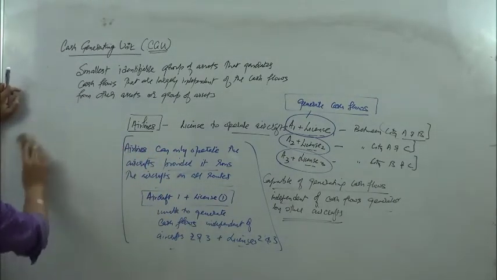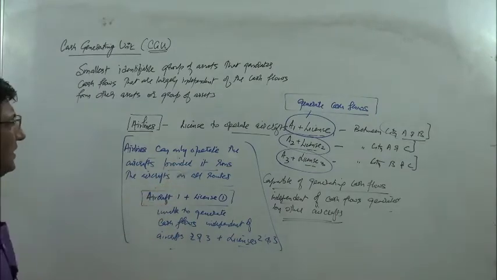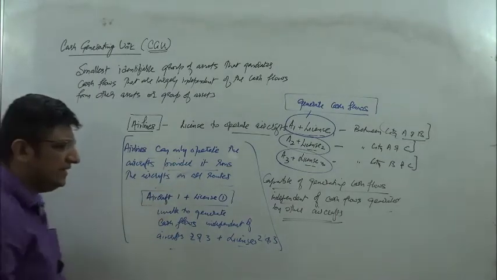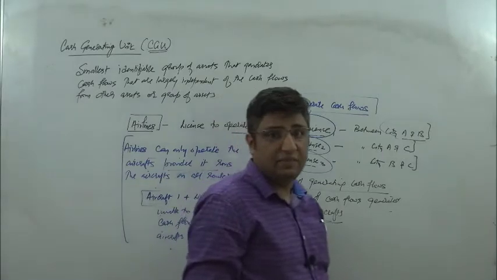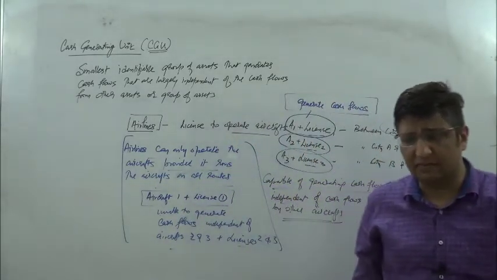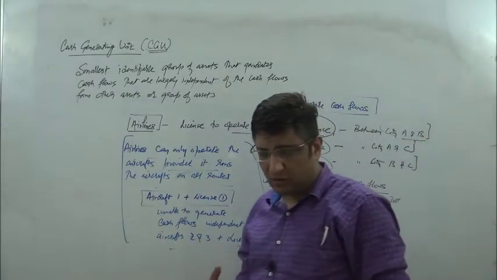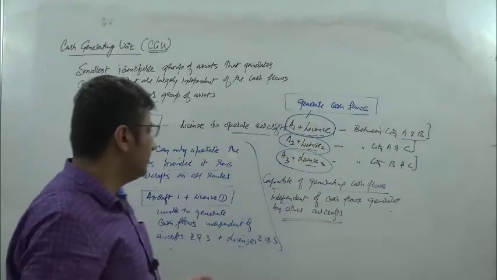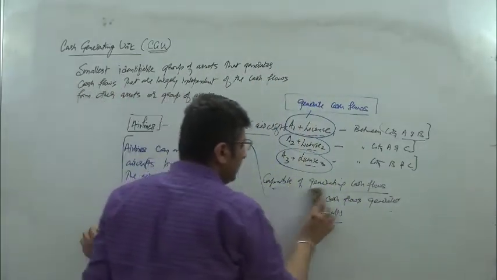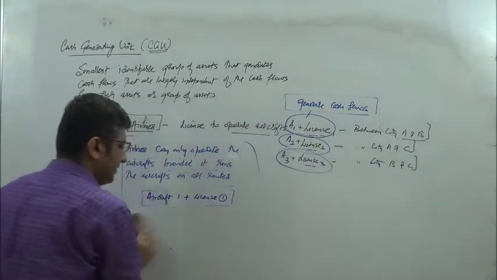Okay, now why we want to talk about this is more important. Why do we need to understand the meaning of a cash generating unit? Why is it important for us? We have been talking about impairment so far. So why do we want to talk about a cash generating unit, right?